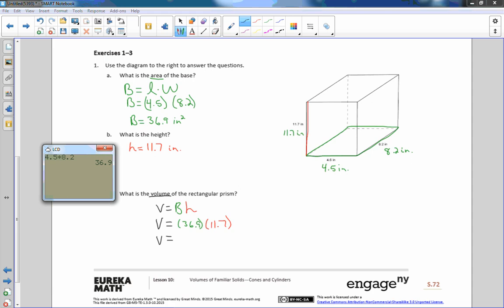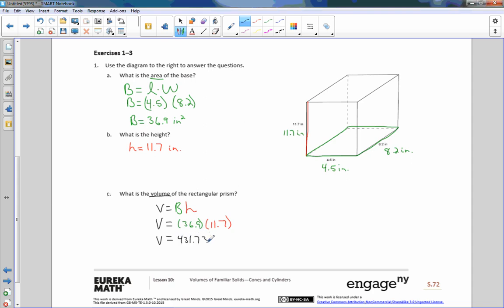I already have the 36.9 on my screen, so now if I just hit times 11.7 and hit enter, then I get 431.73. So that's 431.73 inches cubed.